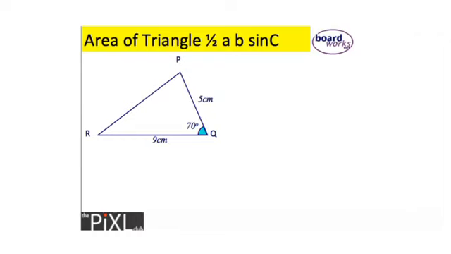So this is an example of a triangle. We have our two sides, 9 and 5, and our included angle of 70. We're going to use our formula, and we're going to have this angle as our C part. So again, I relabel my triangle as C and call that one A and that one B. So I know that this side is lowercase a, this side is lowercase b, and my angle here is 70.